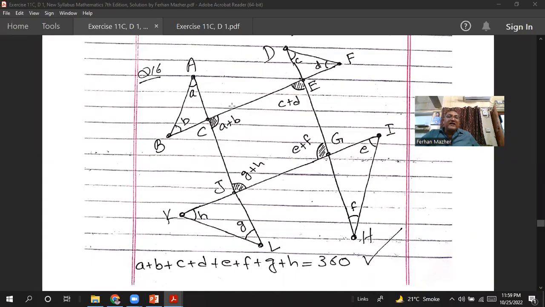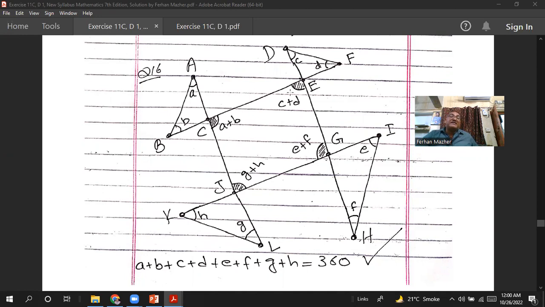So try to understand. This angle here will be A plus B. This angle here will be C plus D. This angle here will be H plus G. And this angle here will be E plus F. Not these angles which I shaded.